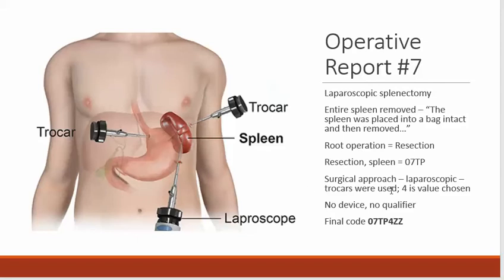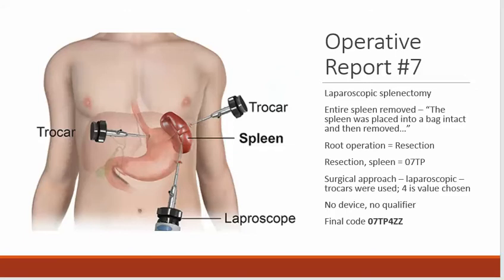So we choose 4 for our laparoscopic surgical approach. No device, no qualifier. This was not a diagnostic event. They knew this patient had this disease process, and they knew they were going to go in and get this patient's spleen out. The final code for the laparoscopic splenectomy, which is removal of the total spleen, is 07TP4ZZ.